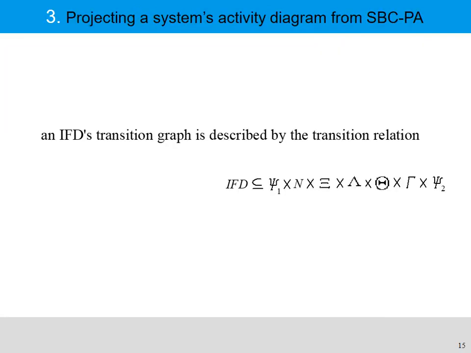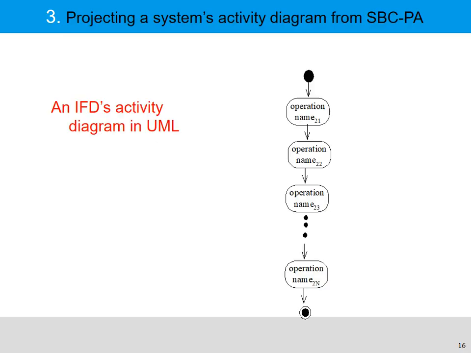Now let's go to the final chapter. Chapter 3 talks about how to project a system's activity diagram from SBC Process Algebra. A system has many IFDs, and an IFD transition graph is described by the transition relation, the IFD relation with 7 attributes.